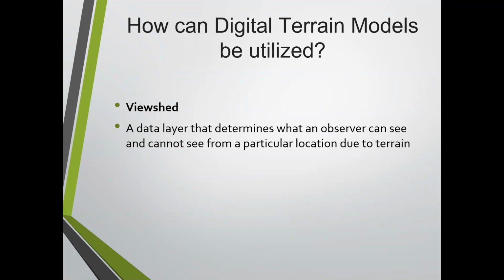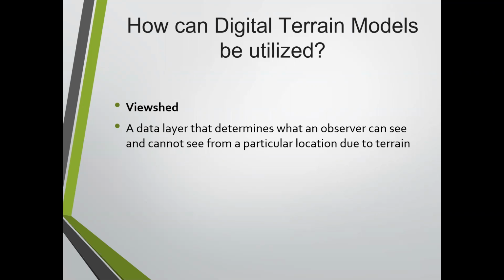So viewshed is allowing you to determine what an observer can see from a particular location on their terrain. And people that use this technology are people that need to see line of sight from point to point. So you might use that like if you're siting towers, let's say for high tension lines, because they need to be able to string those lines from point to point.